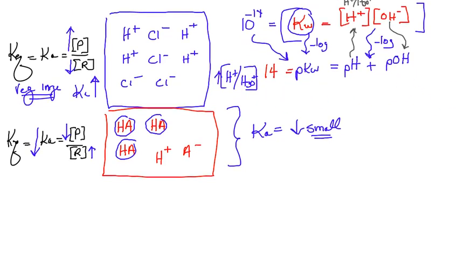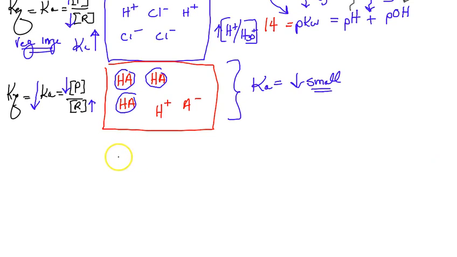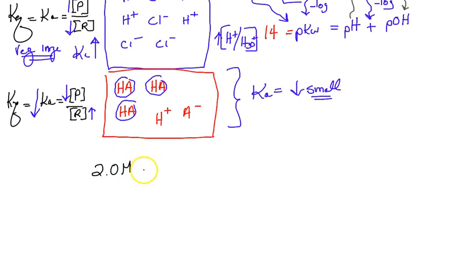So in a scenario where I have, let's say, a 2 molar solution of hydrochloric acid and a 2 molar solution of acetic acid, the pH is going to be lower for the stronger acid because it's going to have more H+ and H3O+ available in water.